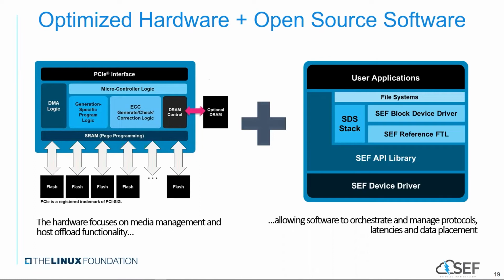Generational and vendor-specific flash microarchitecture and scaling optimizations are available with software-enabled flash. So again, at the top level is the software-enabled flash API and libraries that are in the Linux Foundation, as well as the hardware, which can be made by any hardware vendor for their own specific hardware design.